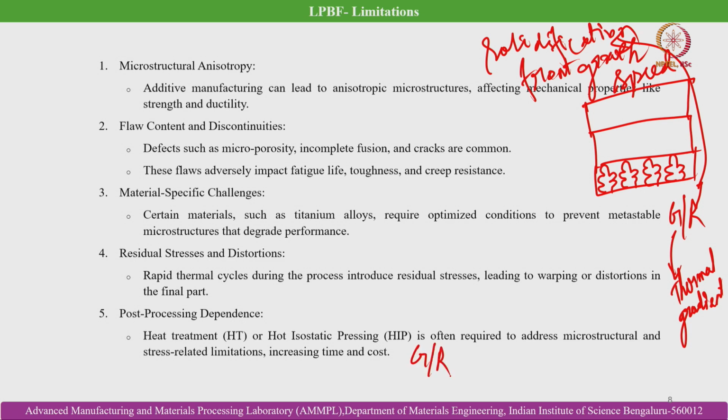With the decreasing G by R ratio, the transition that happens in microstructure is this.